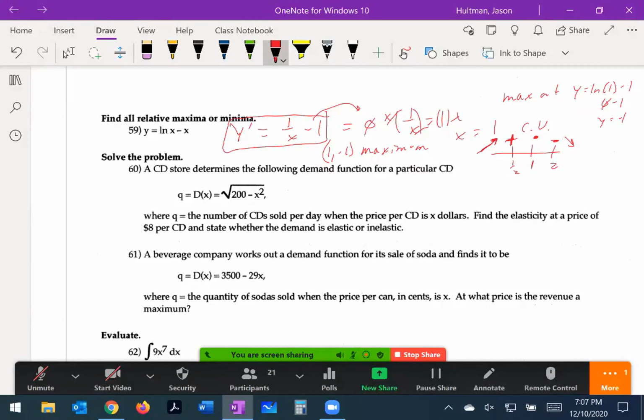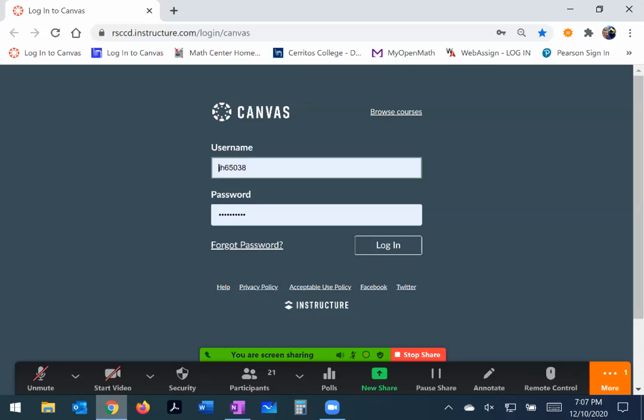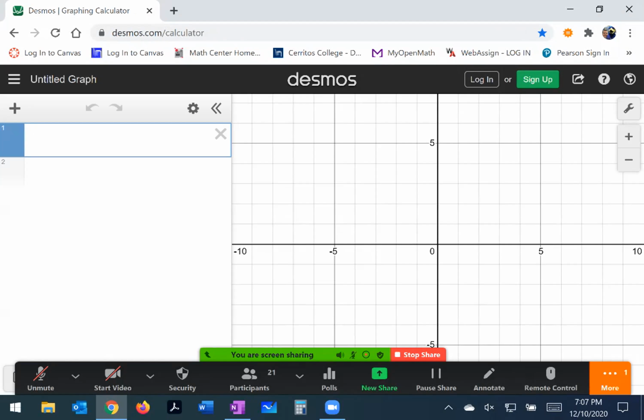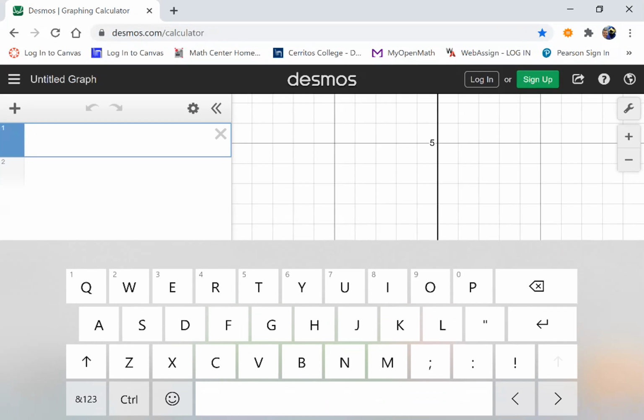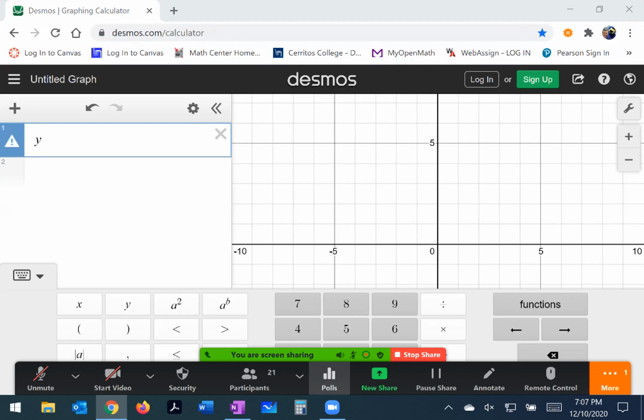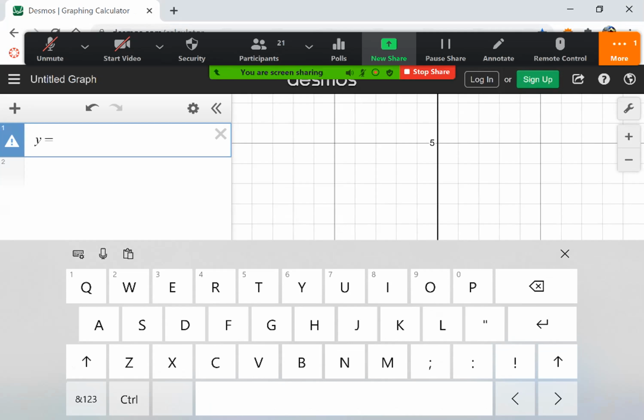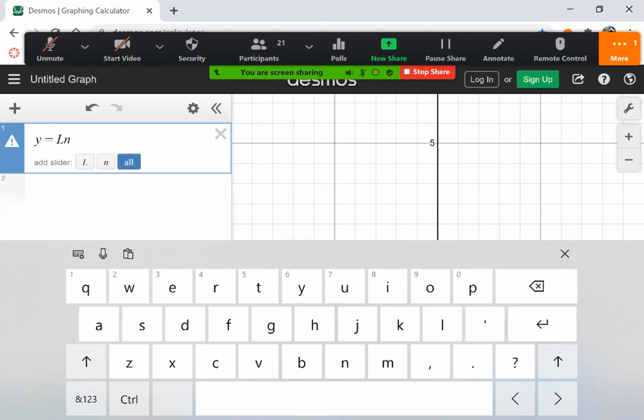Okay, let's see if that works. Let's go back to Desmos and see if that makes sense. If I have y equals natural log of x minus x, I think it was minus x, right?